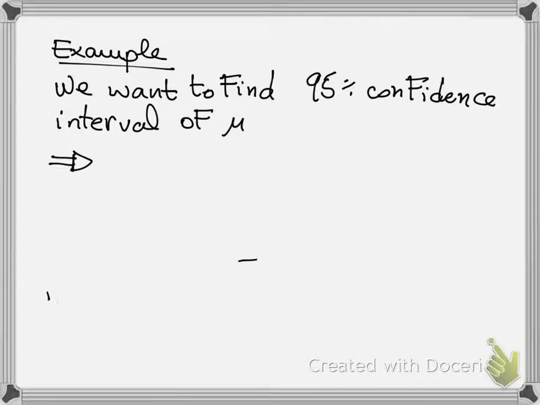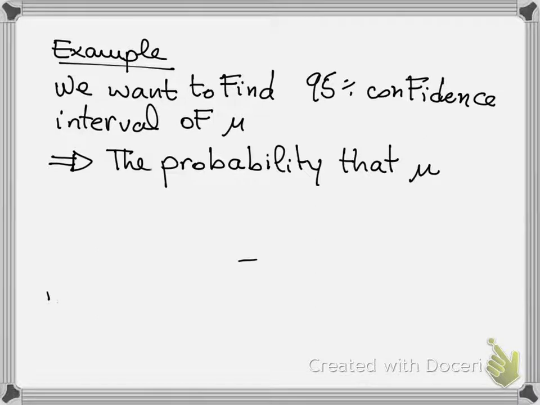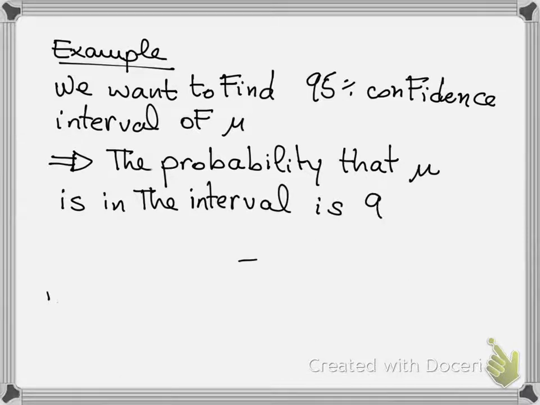So when you say 95% confidence interval, it means that you are 95% certain that mu belongs to the interval.